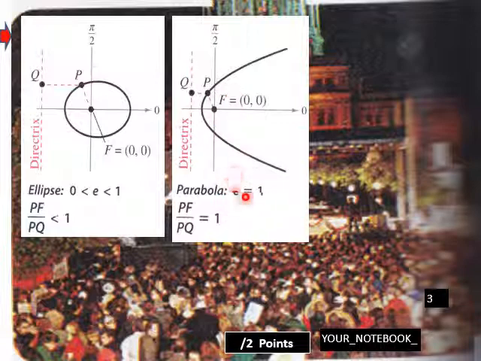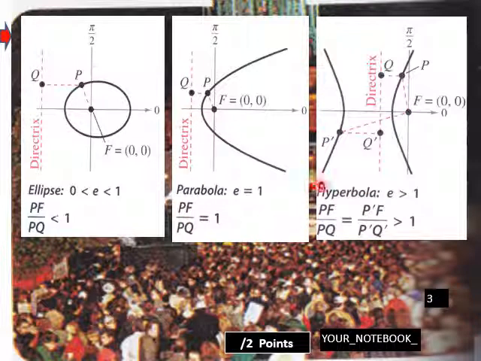When E is less than 1 and greater than 0, you have an ellipse. So these are ways you can tell just by calculating your eccentricities. And for a hyperbola, E is greater than 1. When you have a hyperbola, you have a directrix here, and another directrix here.